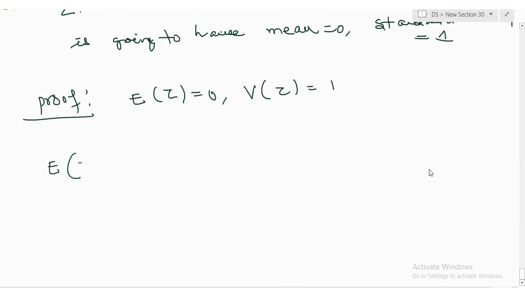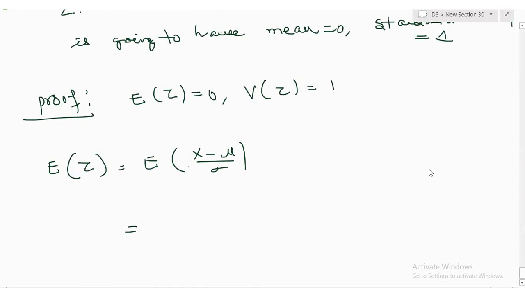E of z equals, can I write, E of (x minus mu) by sigma? Sigma is a constant for any given data because it's a parameter. Mu is also a parameter, and sigma is also a parameter. You guys are understanding? For a population, sigma and mu are constants.